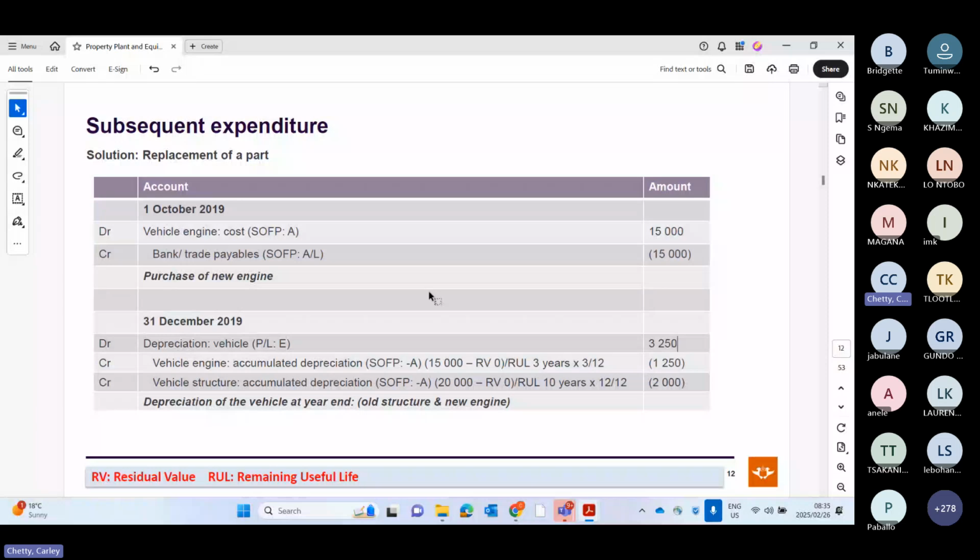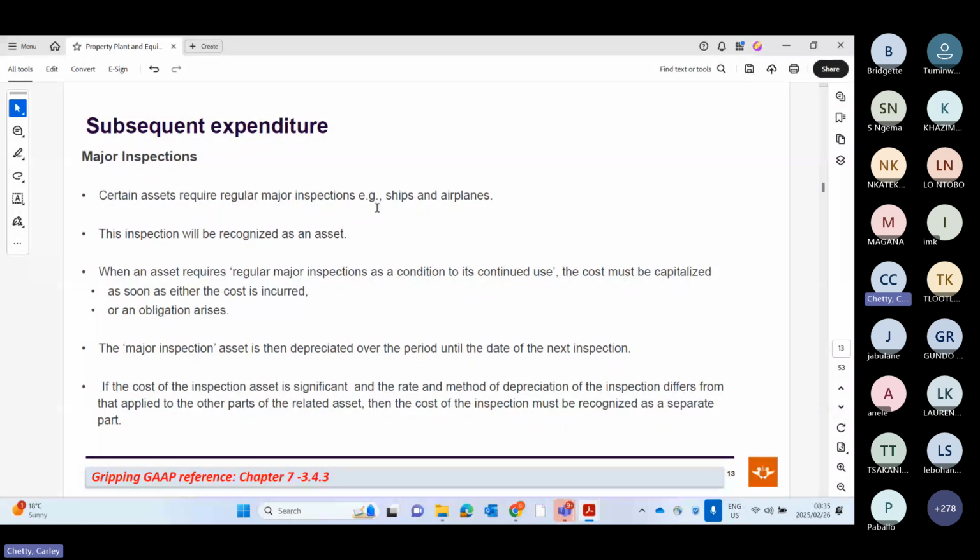So let's have a look at major inspections now. So sometimes we have an asset that requires a major inspection. This is like a ship or an aeroplane. So the inspection needs to be recognized as an asset. Obviously this inspection is quite an expensive thing and it's very important. So that means that the inspection can be recorded as a separate asset.